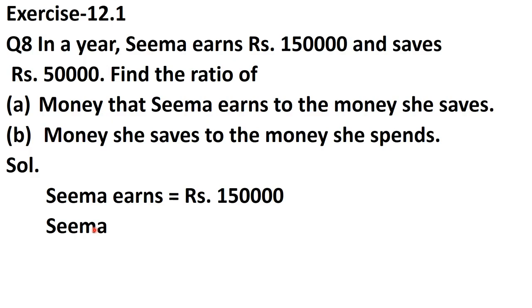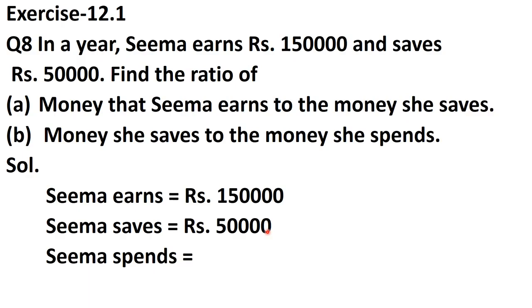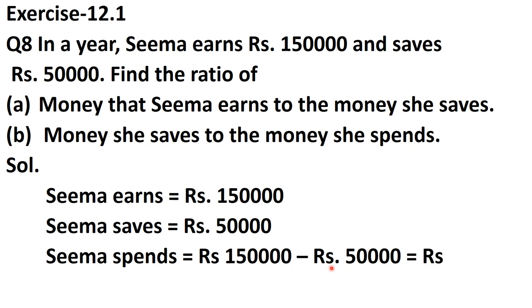So now we will write down, Seema saves rupees 50,000. If she earns 1,50,000 and saves rupees 50,000, then what is the remaining one? Remaining one is what she spends. Spend means kharcha kar diya. So it is rupees 1,50,000 minus 50,000 equal to rupees 1 lakh. These are all the necessary information that we have to write down first.